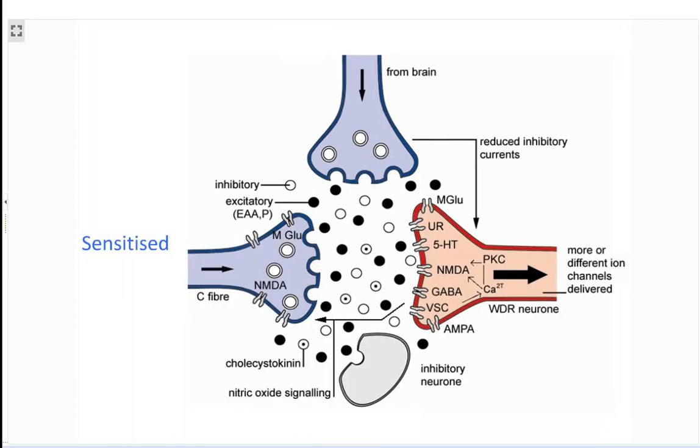What also happens, sorry, this one just moved across a little bit, is that if we look at where the blue circle is, in a sensitized state the NMDA channel starts to open. And the difference with this NMDA channel is that when it's open, it stays open for much, much longer. So we get a rapid change in polarity. And with this calcium channel, the increase in calcium comes through much, much stronger. So again, a much bigger signal.